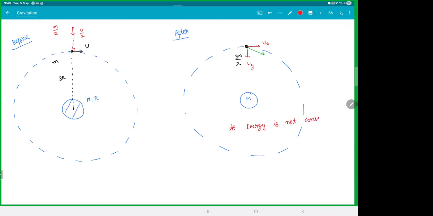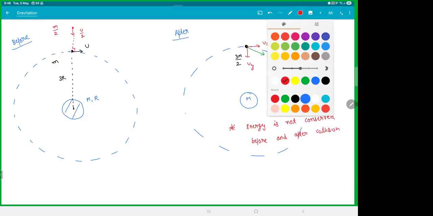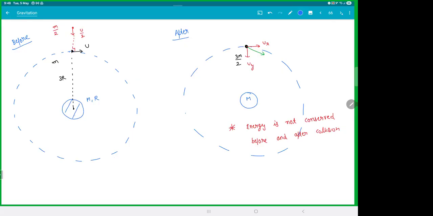But I can conserve linear momentum because gravitation is a non-impulsive force. Just before and just after collision, we can conserve momentum. And remember, energy is not conserved before and after collision. Once the collision is over, the energy can be conserved again, but not during collision. So if you conserve horizontal momentum, initially horizontal momentum is mu, and this would be 3m/2 Vx.